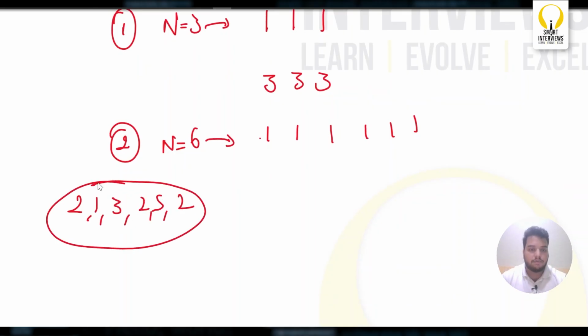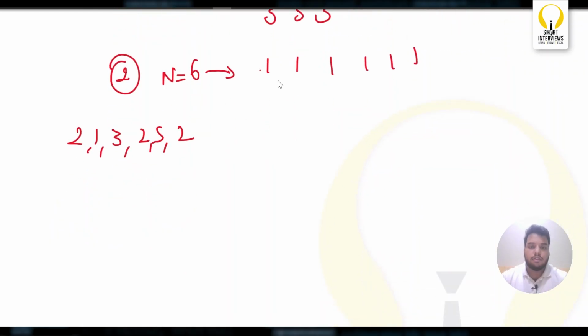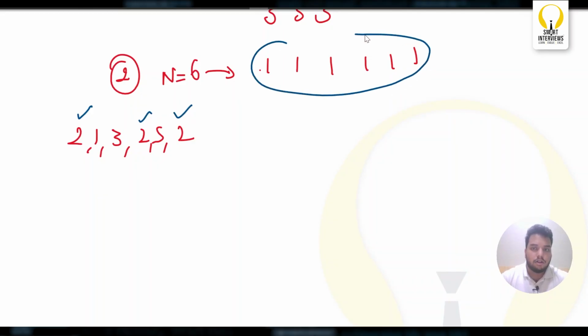This is the expected fencing at the end. So what they want is 2 here, 1 here, 3 here, 2 here, 5 here, 2. But how can we do it? So if you observe, the best way could be to choose the maximum. 2 has repeated 3 times, so I can convert all these fences at a time to 2.